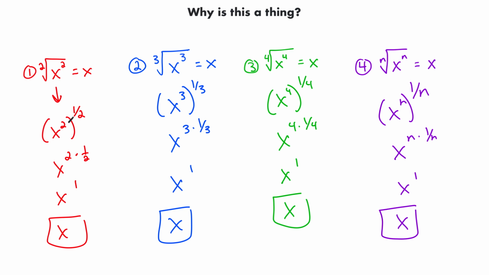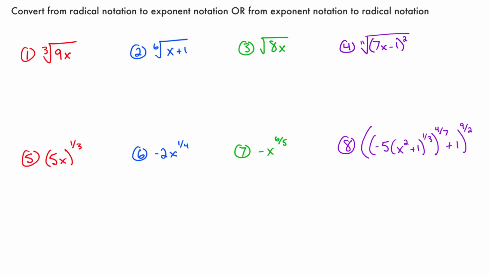So this is algebraically why radicals and exponents counteract each other. This is an algebraic understanding as opposed to the conceptual understanding many of you had previously. This is really critical because it's going to allow us to start utilizing radicals in a more algebraic framework, which is going to open up more avenues for us going forward.